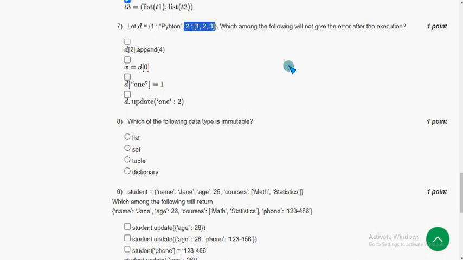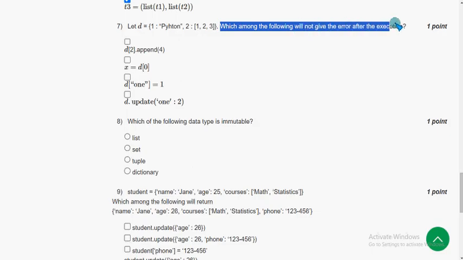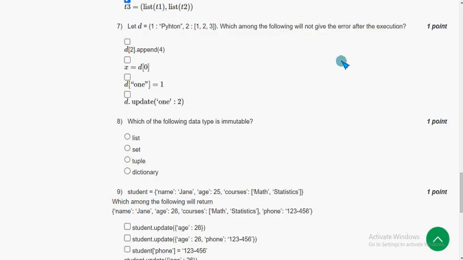They're asking which among the following will not give an error after the execution, similar to the previous question. For the 7th question, I have got 2 probable answers, guys. The first one is the first option itself and the other one is the third option, guys. So mark the first and third options.